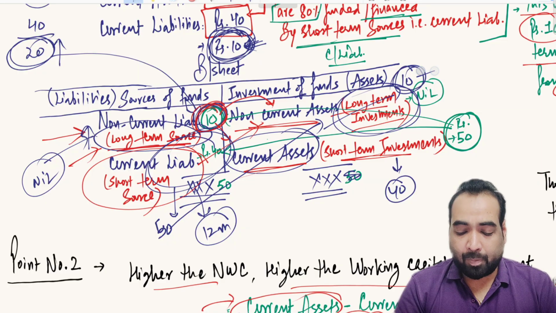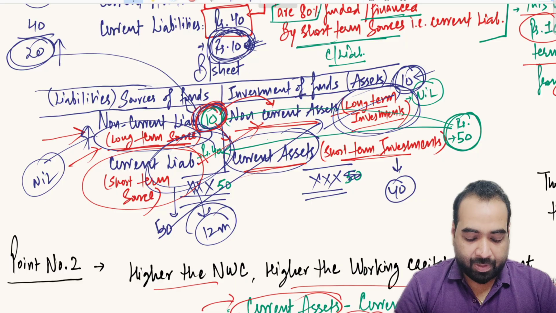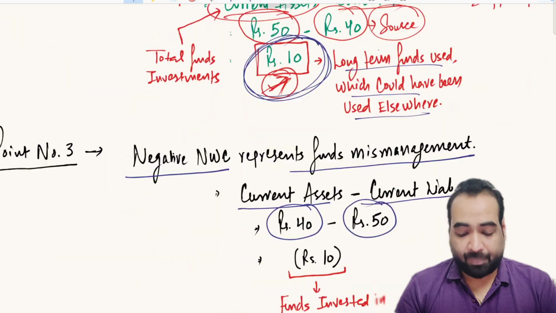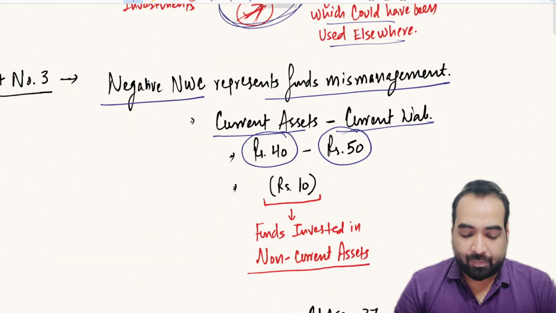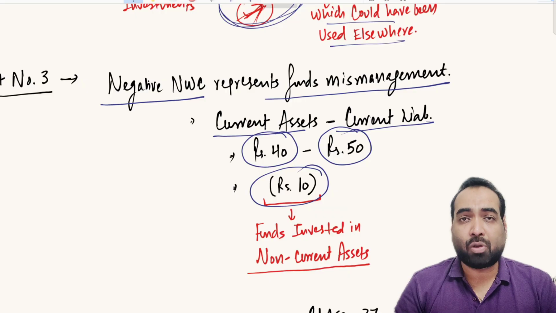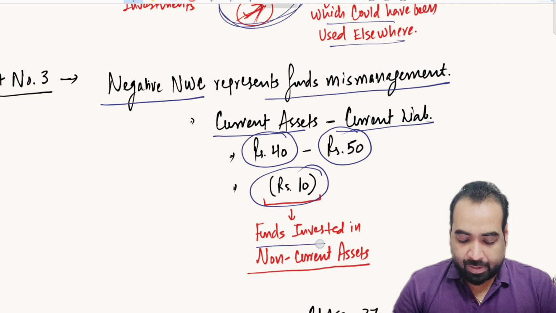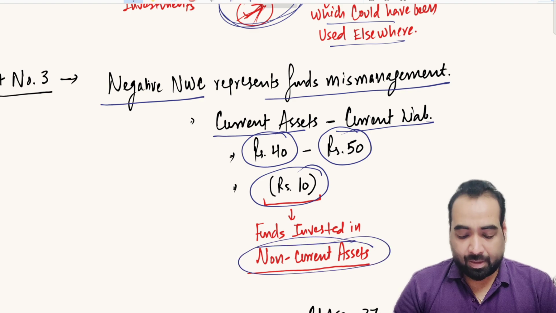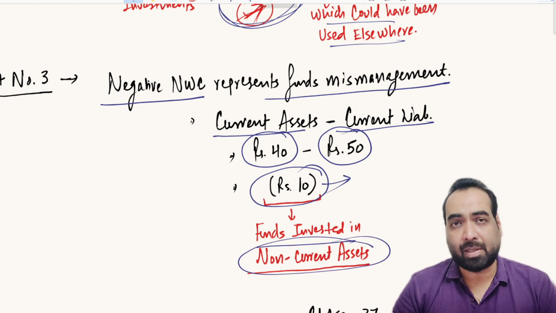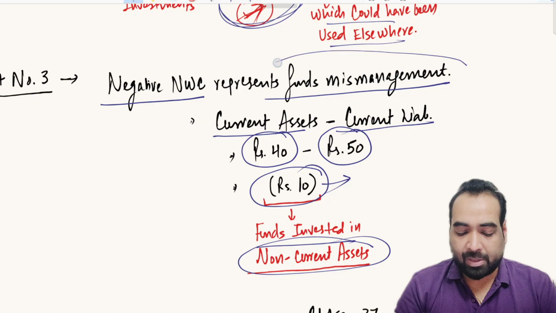That means you have mismanaged your short-term funds in long-term assets. So negative NWC will represent the picture that your short-term funds have been invested in non-current assets, right?